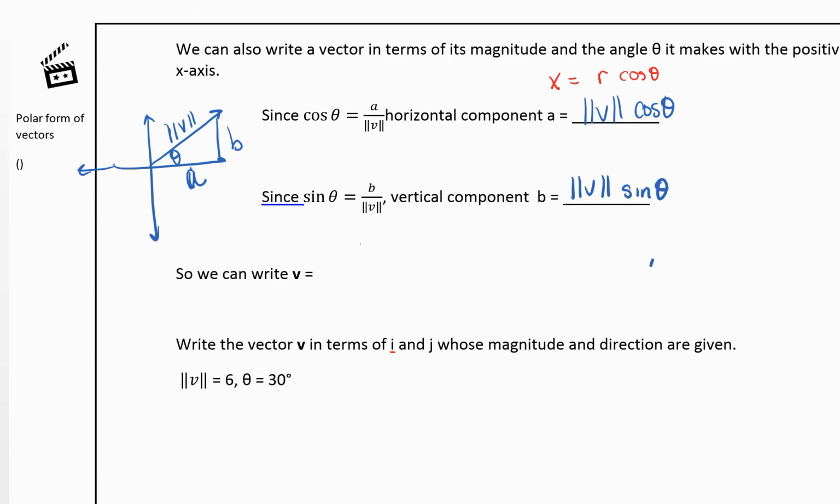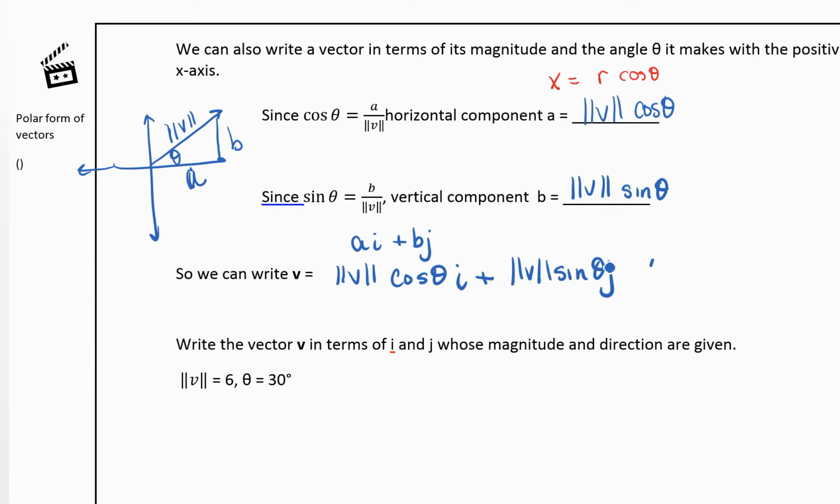So when we've had ai plus bj, we would have the absolute value magnitude times cosine of theta i plus the magnitude times sine of theta j.